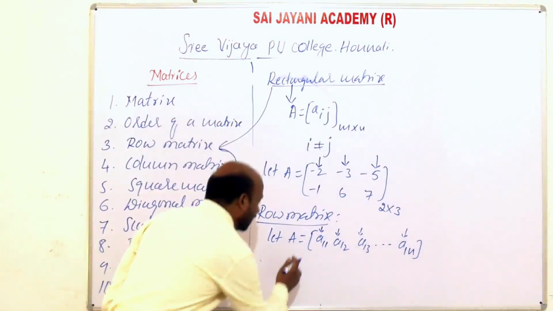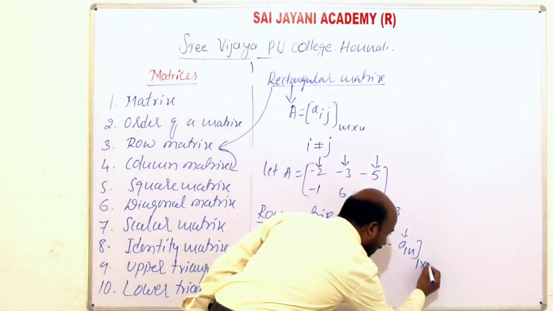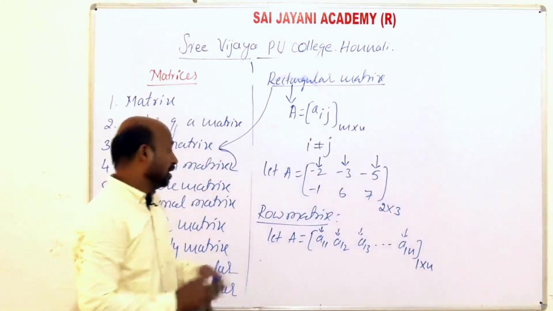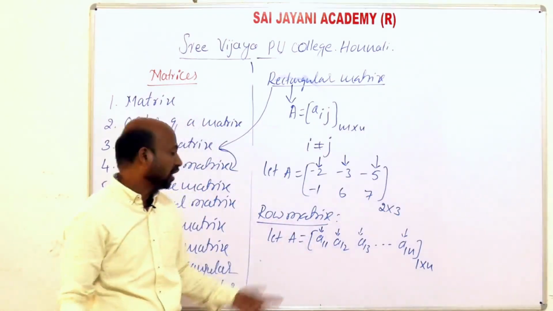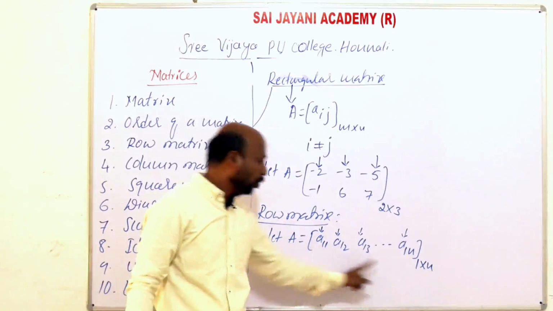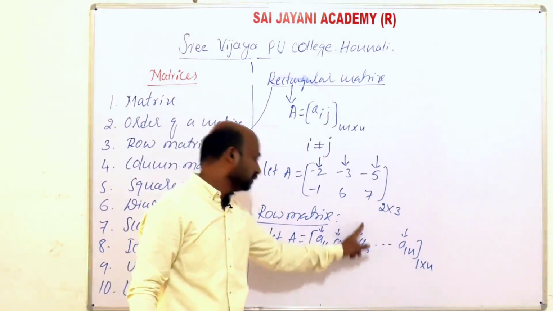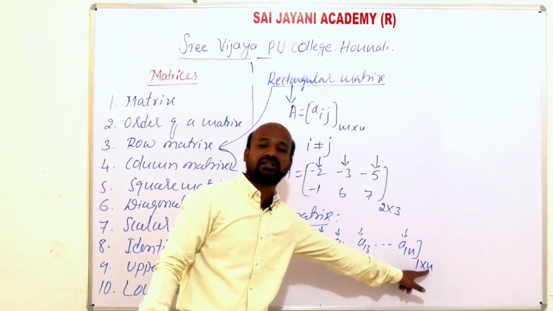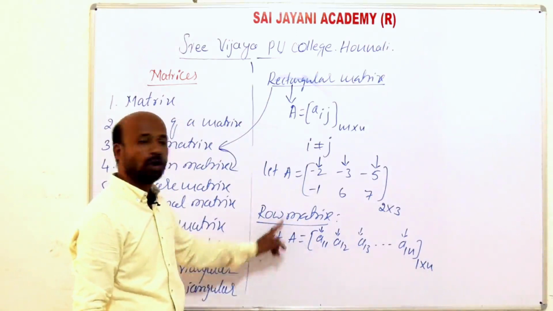So finally the order of the row matrix is one row, n columns. That is first column, second column, third column, and this is the nth column. Only one row, but the number of columns is n. That is a row matrix.